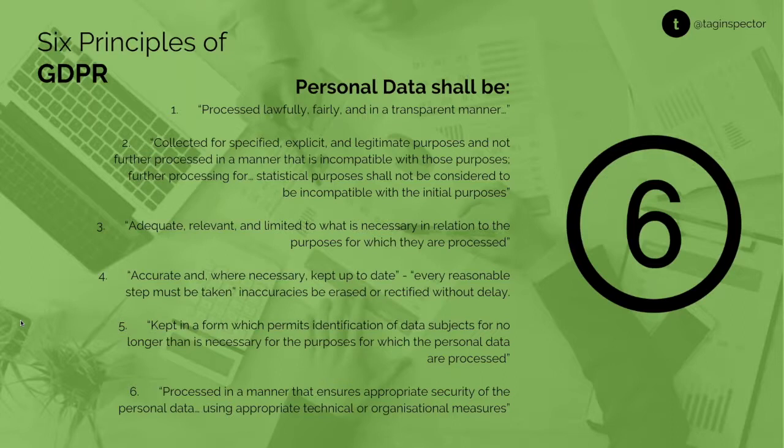So if you have a business case for collecting information, all of the different personal data points that you are collecting must be the minimum that is necessary in order to perform that business activity. It needs to be accurate and, where necessary, kept up to date. Every reasonable step needs to be taken for inaccuracies to be erased or rectified. Basically, have clean data, collect good data, and have a good data collection architecture, especially as it pertains to personal data.